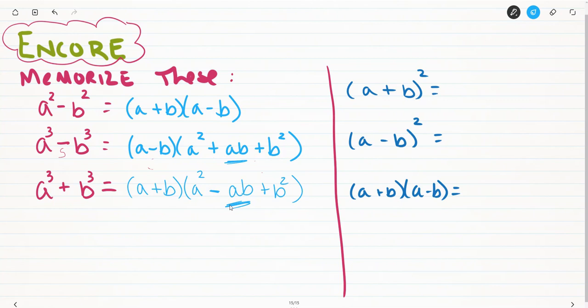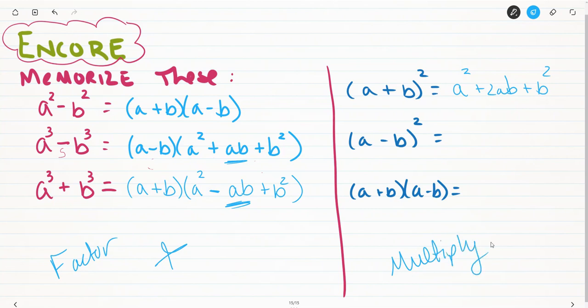It's not a 2 like we get over here when we multiply a plus b times a plus b. It's a squared plus 2ab plus b squared. So don't let this factoring pattern and this multiplying pattern get confused between the two.